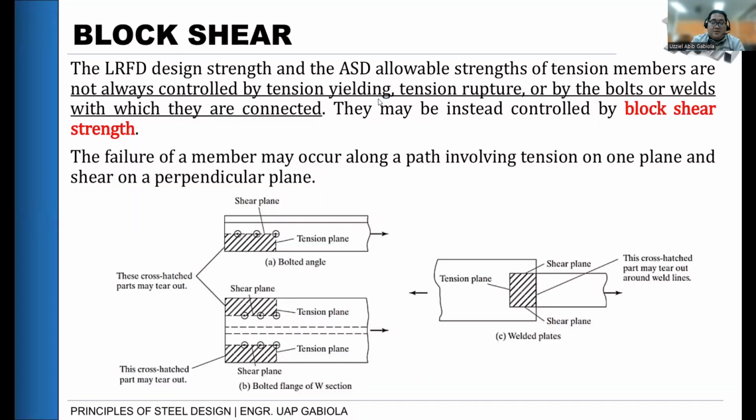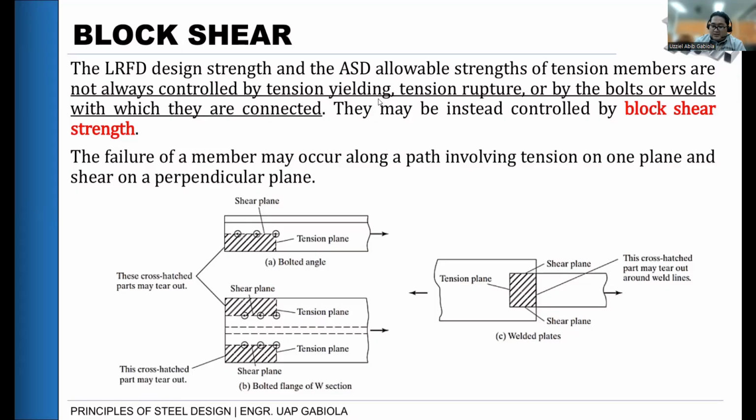The failure of a member may occur along a path involving tension on one plane and shear on a perpendicular plane. Before, we only considered the gross area and the net area, and all of those considerations were based on a tension plane, or a perpendicular plane. Now, to satisfy block shear rupture, we need to have what we call a shear plane.